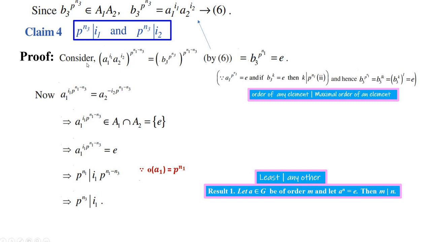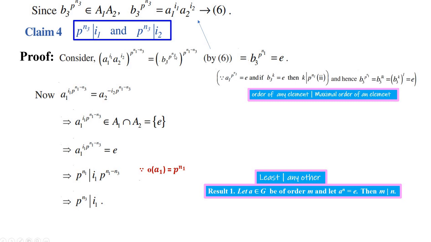So to prove that, we consider this a1 raised to I1, a2 raised to I2, the whole thing raised to p^(n1 minus n3), and this being equal to b3^(p^n3). Just now we had that. So from that we have this.